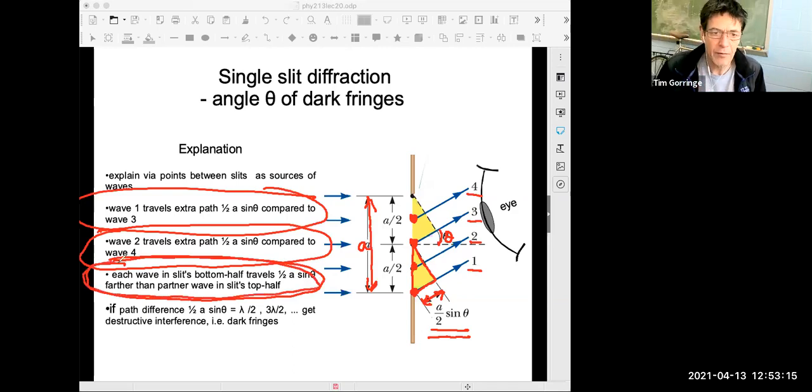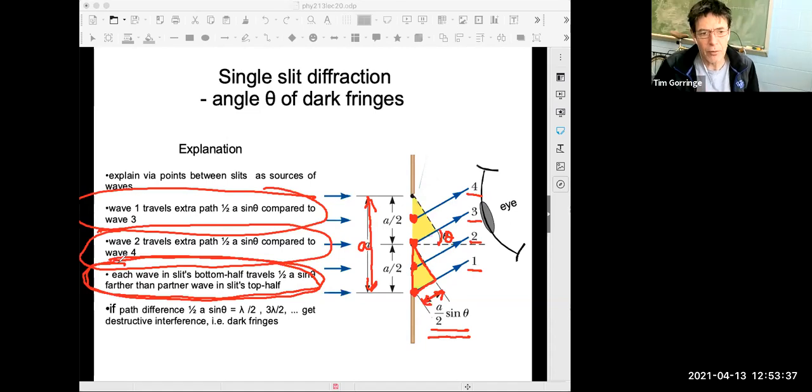It's saying that if you think of the slit as made up of all these little sources of little wavelets, of little light waves emerging from the region of the slit, then for every little source in the bottom half of the slit, there's a source in the top half of the slit.